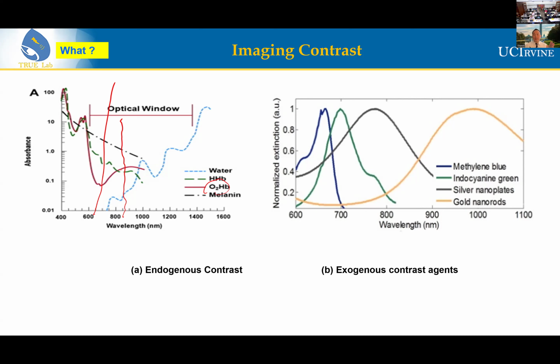So a very typical application is using two different wavelengths, one around 650 or 700, the other above 800 nanometers. With just two wavelengths, we can do the calculation for oxygenated and deoxygenated hemoglobin, and then calculate the oxygen saturation, which is a very important indicator of physiologic changes in the human body.